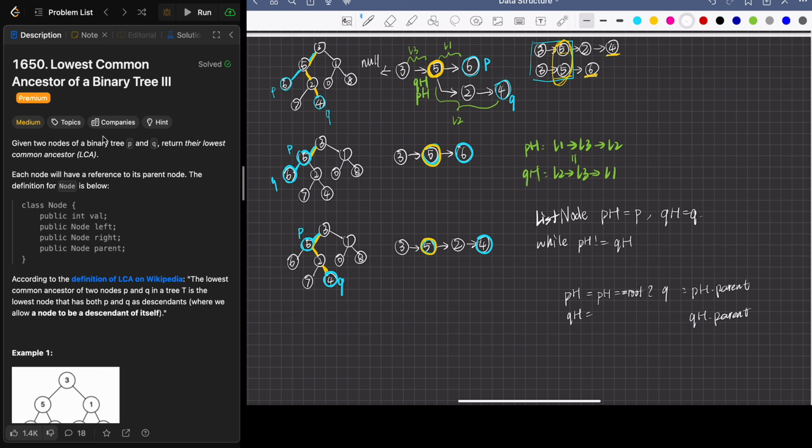If it already reaches the root node, right, it will go to another node P. And while doing this, they'll finally meet. When they meet, we just return any one of them, like QH or PH, that's fine.